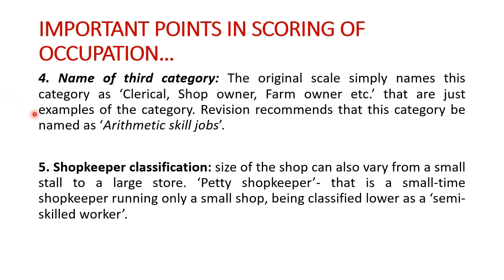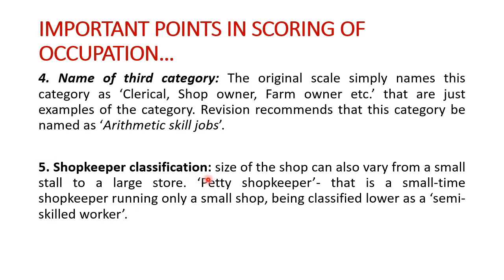Next point is the name of the category: clerical, shop owner, and farm owner. The original scale simply named this category as clerical, shop owner, farm owner, which are just examples of the category. The revision recommends that this category be named arithmetic skill jobs as they involve arithmetic skills. Next is shopkeeper classification.